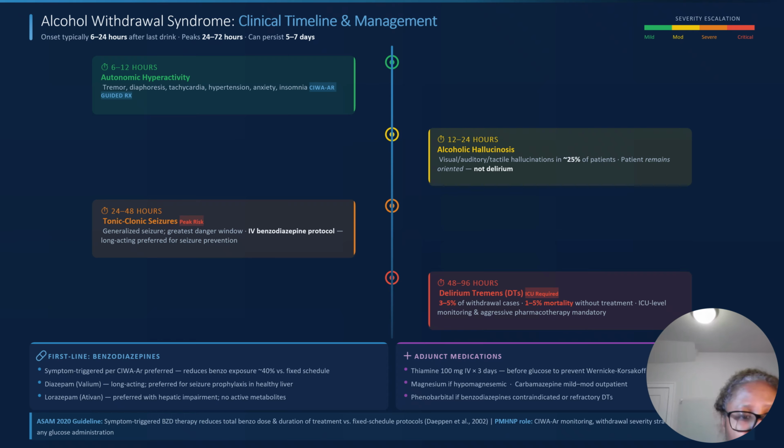This kind of goes over first line pharmacological uses. So these are the benzodiazepines, which I know we usually try not to use those, but those are the first line defense for seizures.